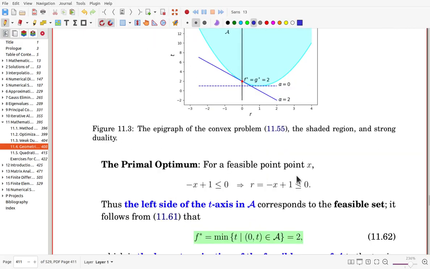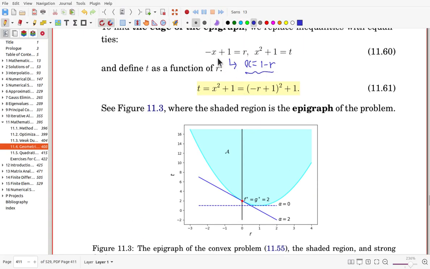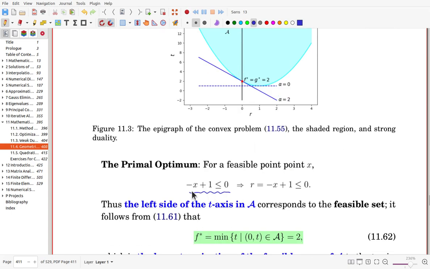Now we have to find the feasible zone. First we check feasibility, the inequality feasibility. At the edge, r is minus x plus 1, so minus x plus 1 is non-positive.